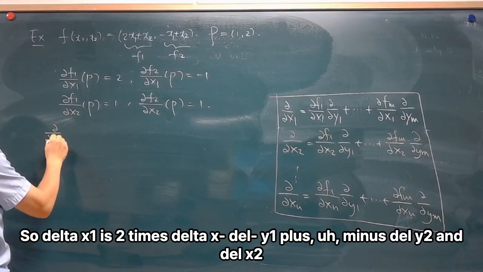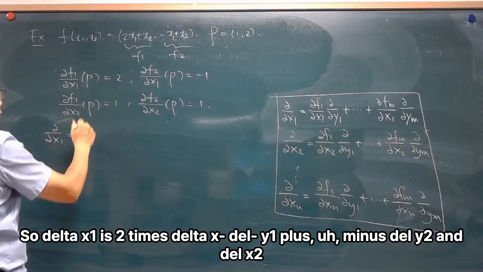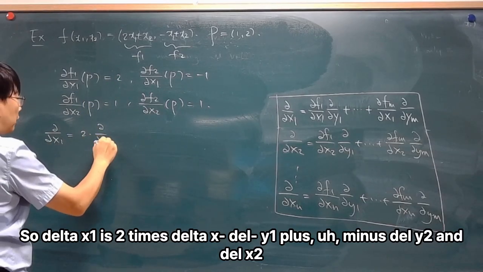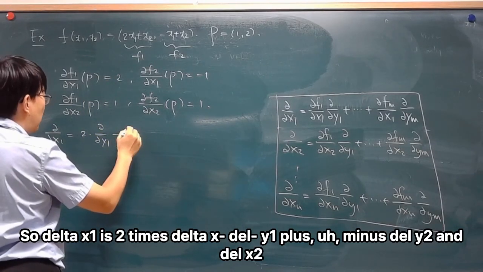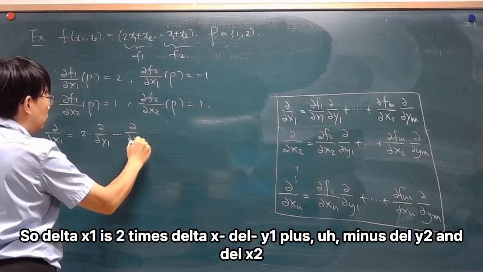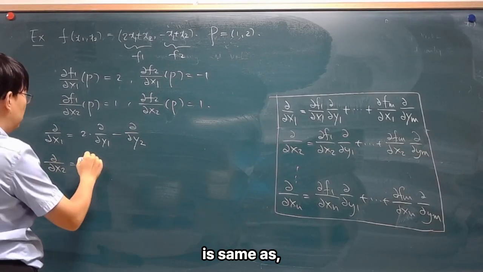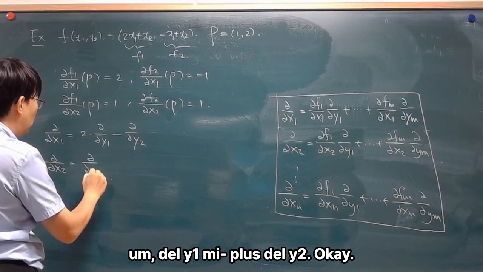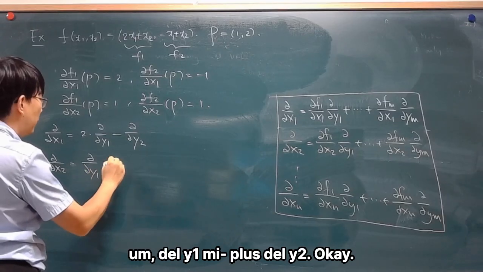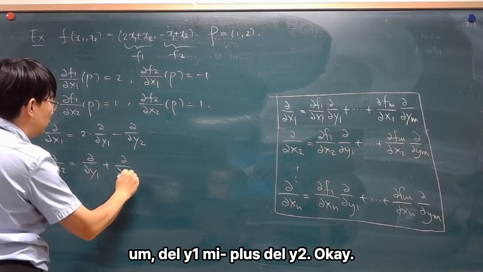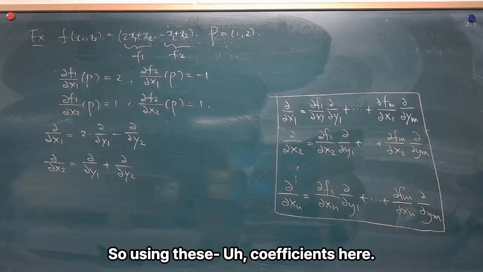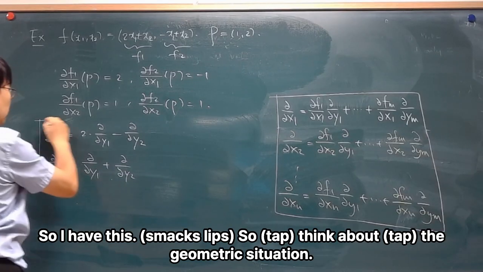So I can translate this equation as follows. Del del x1 is 2 times del del y1 plus minus del y2, and del del x2 is the same as del y1 plus del y2. Okay, so using these coefficients, I have this.